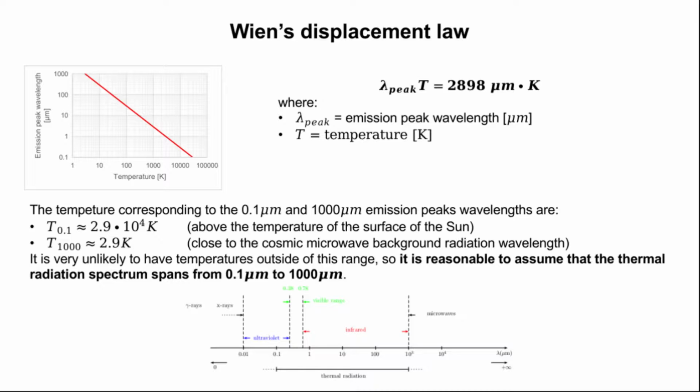The assumption made on the thermal radiation spectrum is reasonable. Therefore, as the figure below shows, the thermal radiation covers the whole infrared and visible ranges, and part of the ultraviolet range.